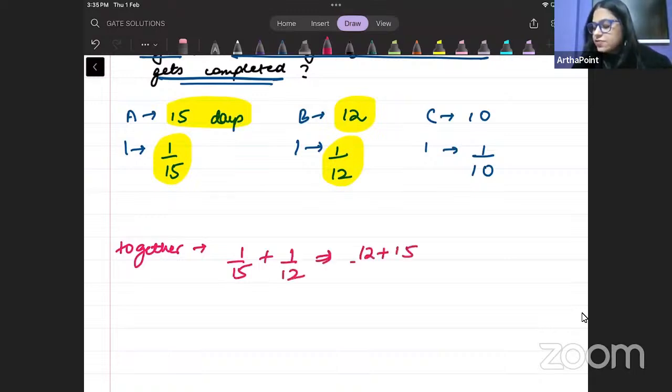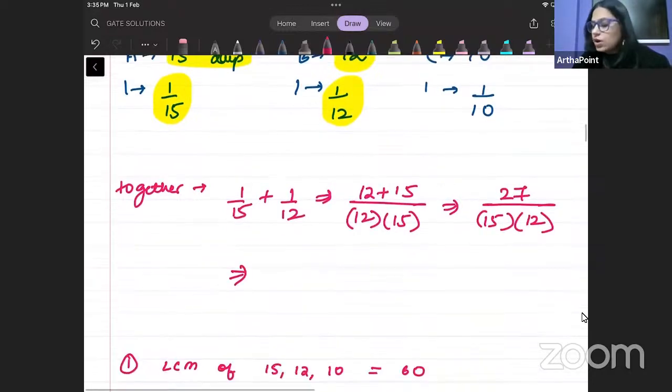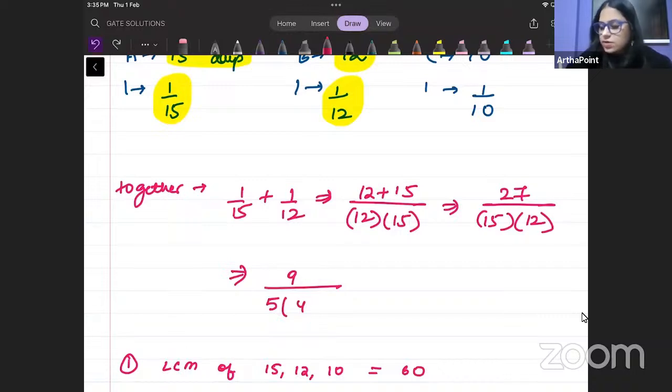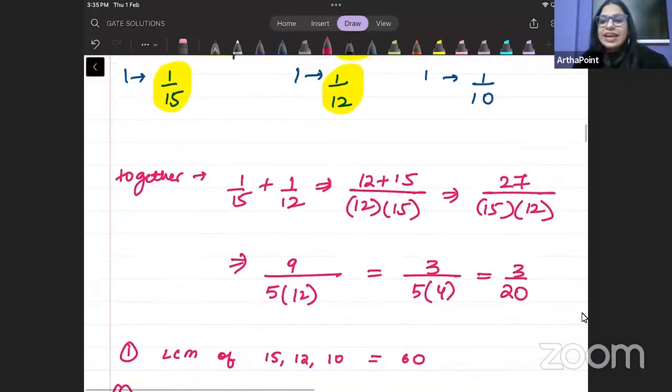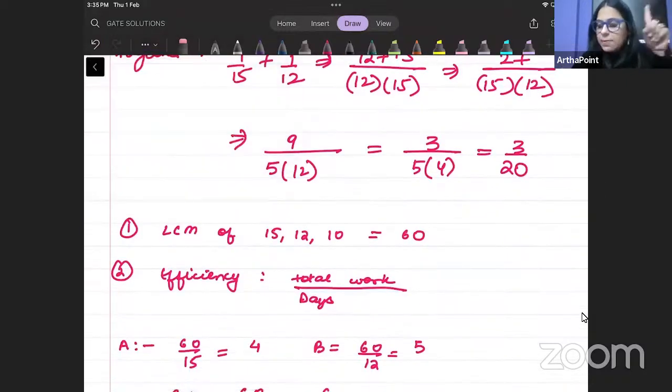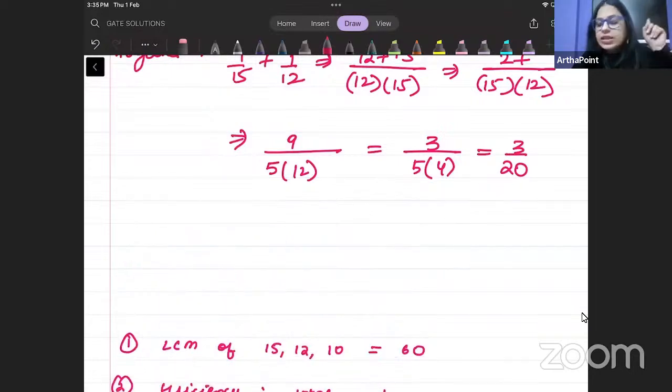So 12 plus 15 divided by 12 into 15. This is 27 divided by 15 into 12. 3 9s are 27, 3 5s are 15, so this is 3/5 into 4, which is 3/20. If they work for one day, they can cover 3/20th of the task.